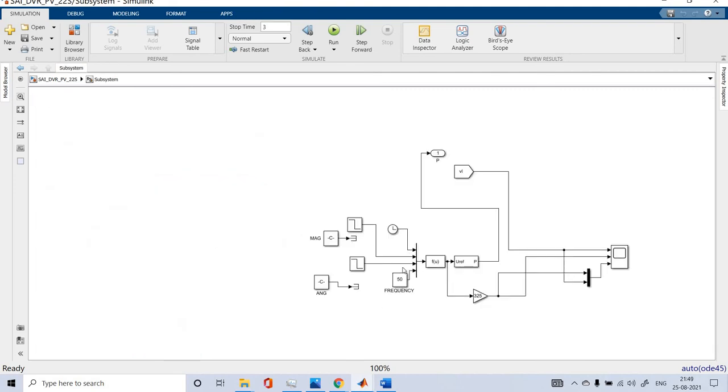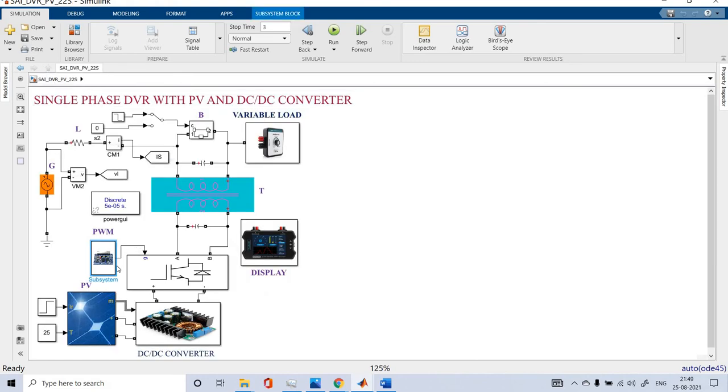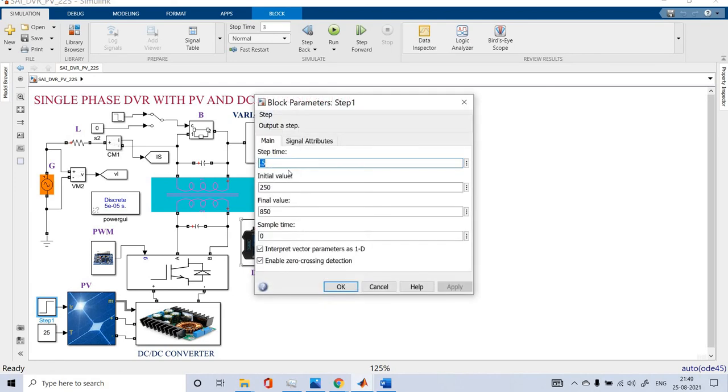The required value of the component is obtained externally, from the magnitude of the external input signal, and based on that value we are utilizing it here. Whenever the load change occurs, the input irradiation will also change at 0.5 second.